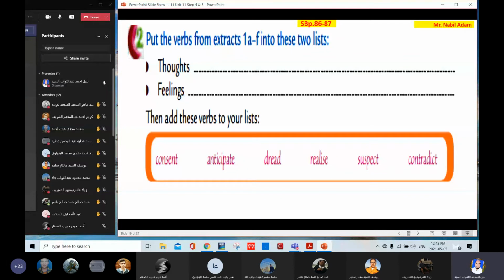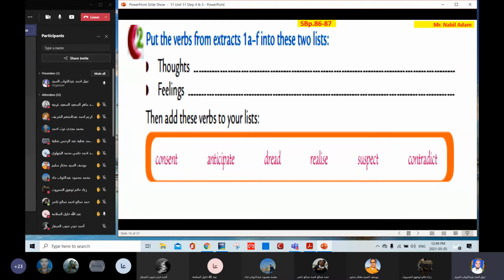Give me examples, Abdullah Khalil. Give me examples for verbs of thoughts. Think, suppose. What else? Know, reckon. Suspect. What did you say before suspect? Realize.